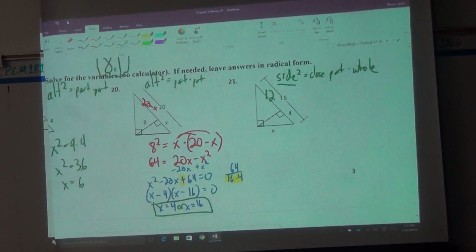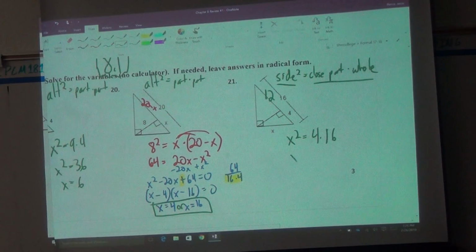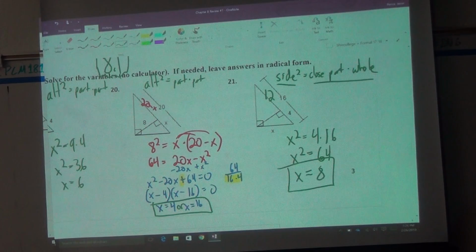We're going to use the fact that side squared equals close part times whole. Go ahead. 64. Meaning? 8. Now technically the square root of 64 is 8 or negative 8, but since we're in geometry land, we'll just get the 8. When you get back to honors algebra 2, negative 8 needs to be in your answer here. Okay? Thank you.